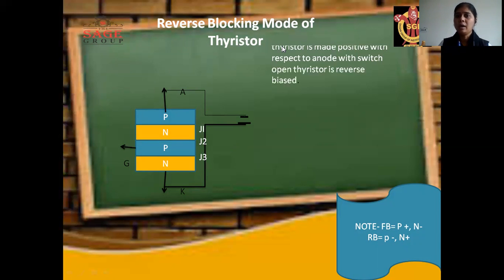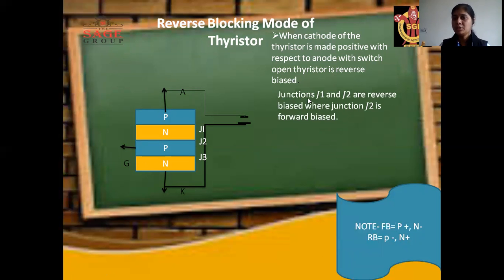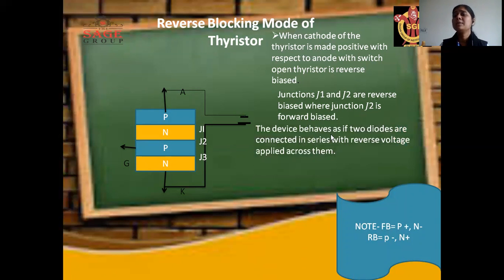When the cathode of the thyristor is made positive with respect to the anode with the switch open, the thyristor is reverse biased. Junctions J1 and J3 are reverse biased while junction J2 is forward biased. The device behaves as if two diodes are connected in series with reverse voltage applied across them.